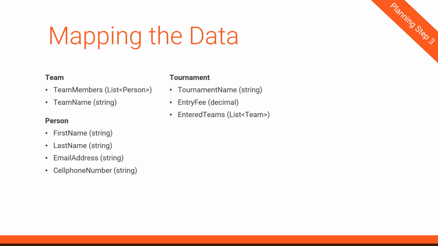And so really when we're developing this data, we can't look too broadly. We have to focus on just what makes sense for this particular object or this particular chunk of data. What goes together? In this case, we're talking about tournament. So the name of the tournament, the entry fee, the entered teams, and then also the prizes.